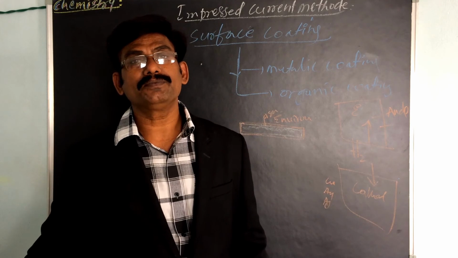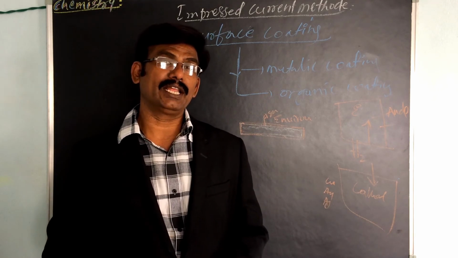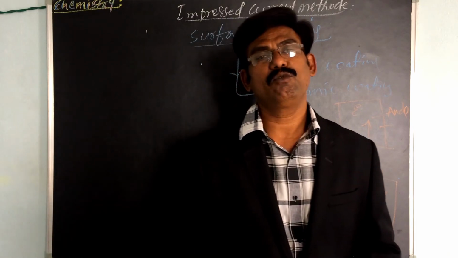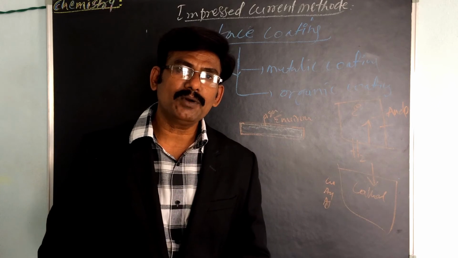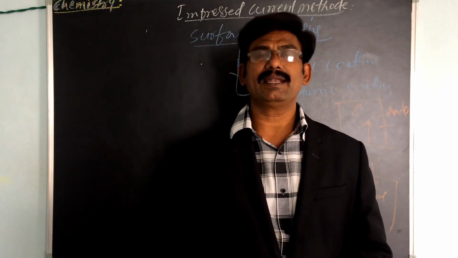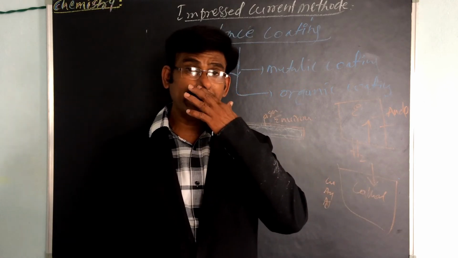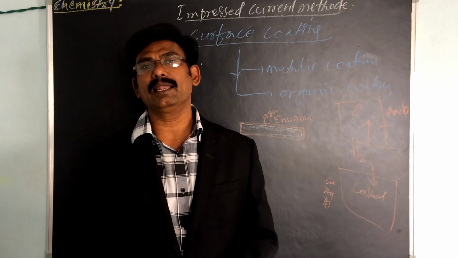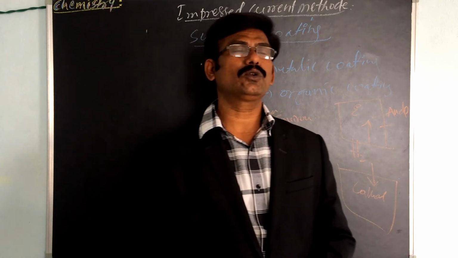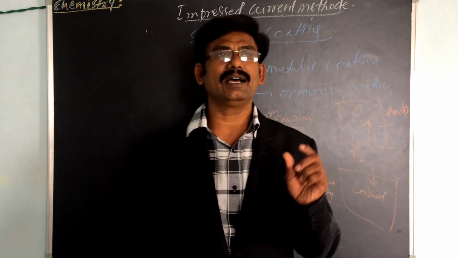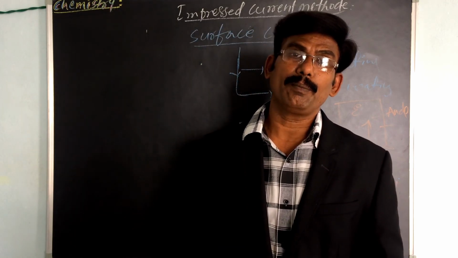Now, the functions of metal protective coatings. What are the functions? To protect the metal from corrosion, to impart an aesthetic sense to the metal surface, meaning the metal surface is clean. To impart specific mechanical or physical and electrochemical properties.